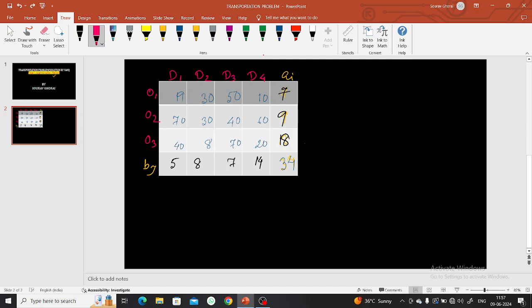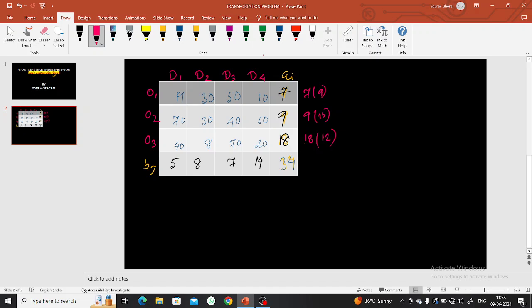So what is the difference? That is 9. I write this within the bracket as 9. The next row has minimum 30 and next minimum 40, so this is 10. Then the minimum is 8 and 20, so it will be 12.